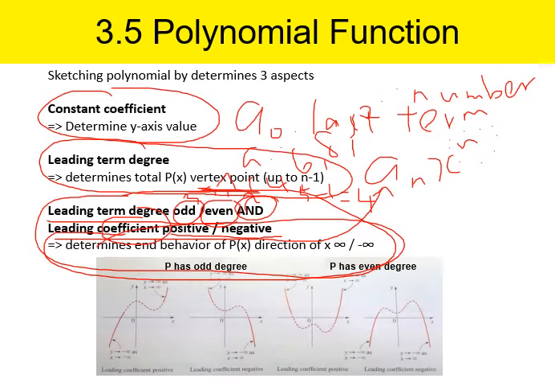Okay, when we have an odd degree and the leading coefficient is positive, we're going to see that when x goes to negative infinity, y will go to negative infinity. When x goes to positive infinity, y goes to positive infinity. Then the second case, when our leading term degree is even.